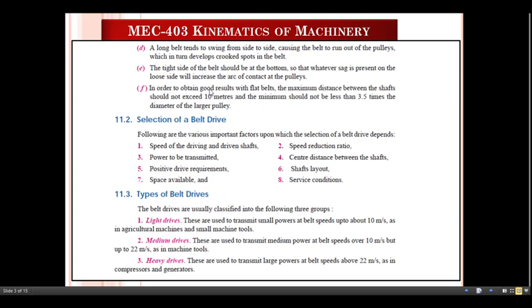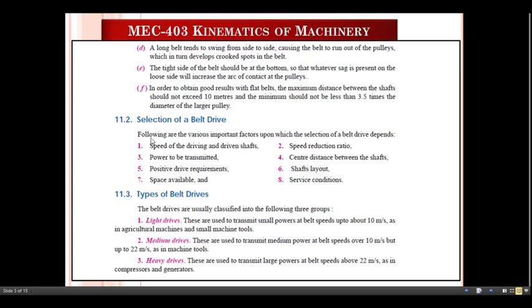In order to obtain good results with flat belts, the maximum distance between the shafts should not exceed 4 meters and the minimum should not be less than 3.5 times the diameter of the larger pulley.